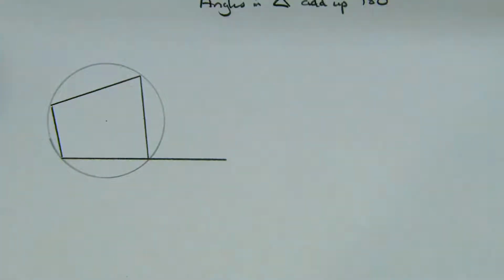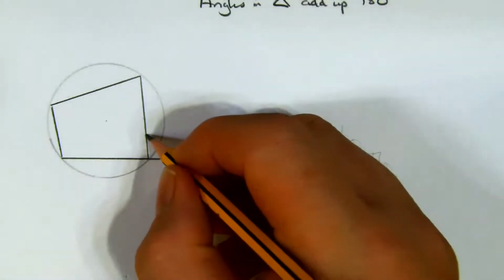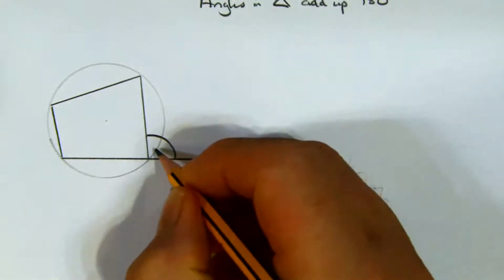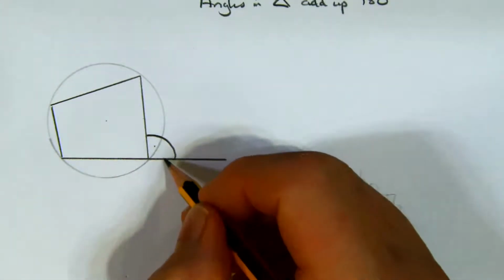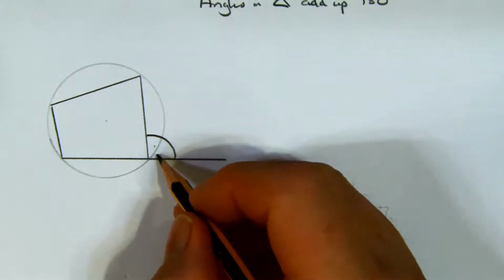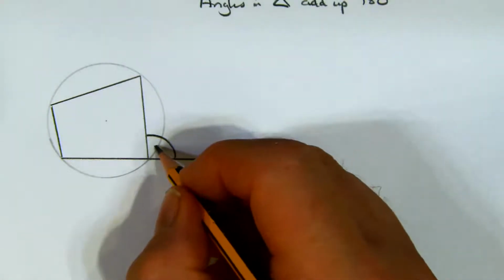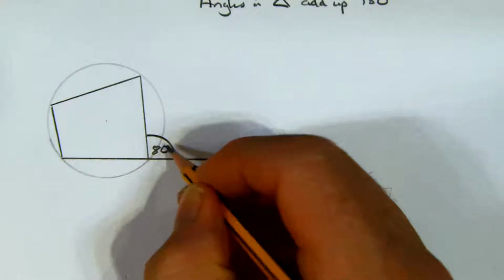So let's work out one of these angles. Let's just be given one of these angles, and we'll pretend it's going to be 80 degrees.